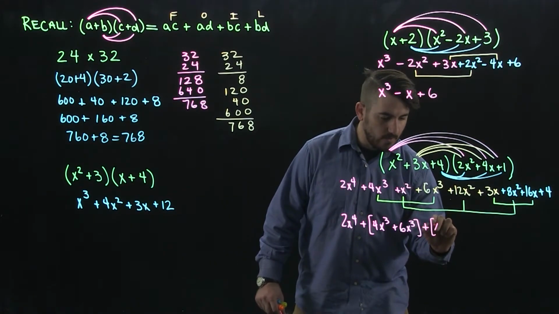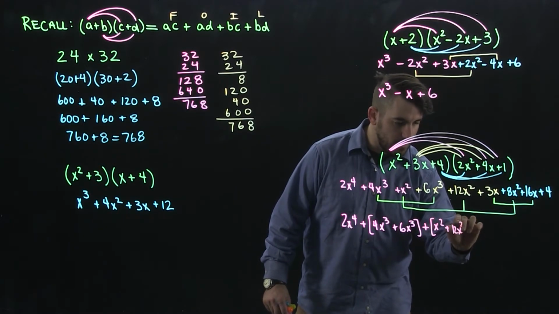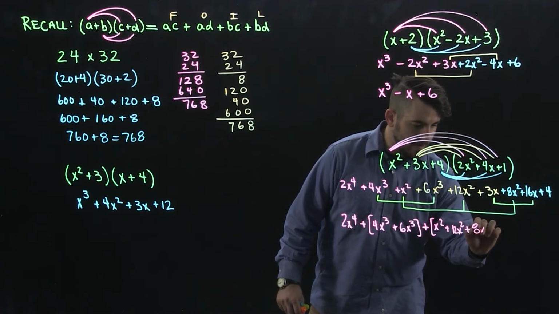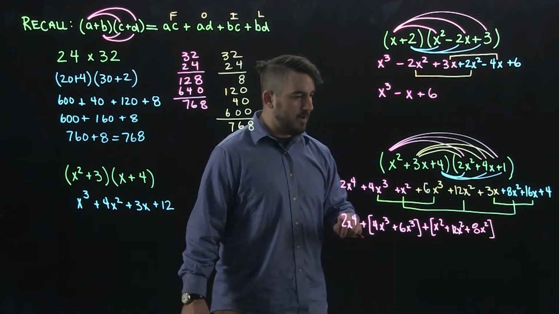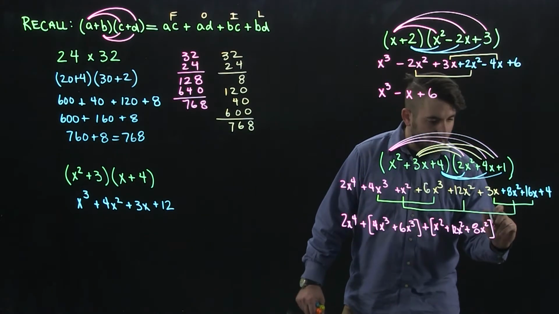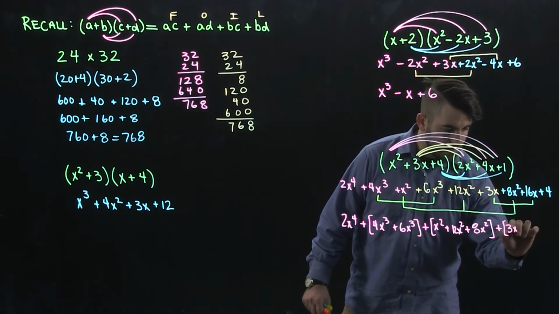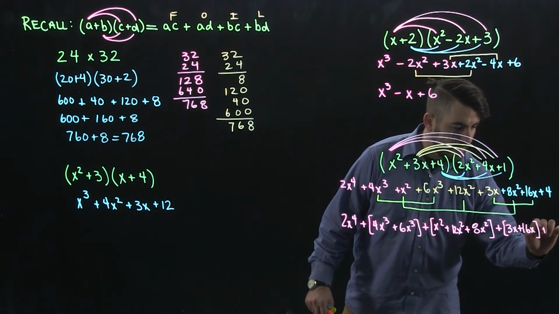We have an x squared. We have a plus 12x squared plus an 8x squared. Okay, so that groups those up. And then finally, well, not finally, but the last group of terms is going to be plus 3x plus 16x. And then finally, 4.